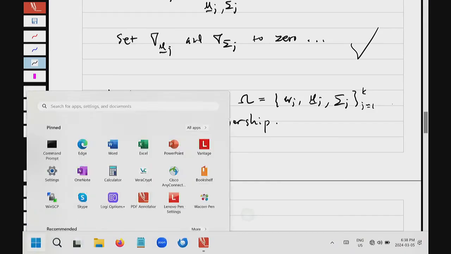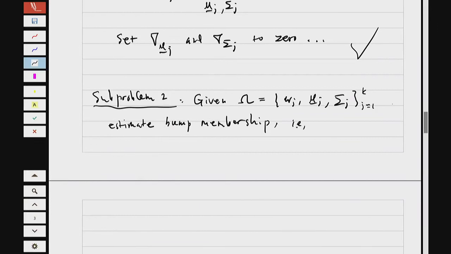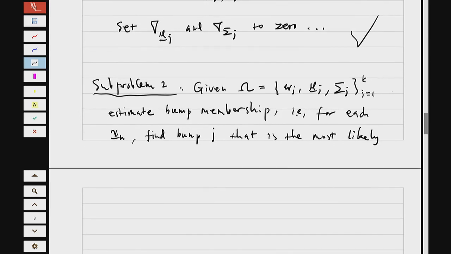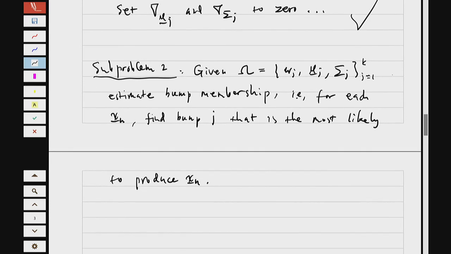In other words, for each point xn, we want to find the best bump j that is the most likely to generate this xn. In general, we'll pick these bumps at random to generate these data points, right?